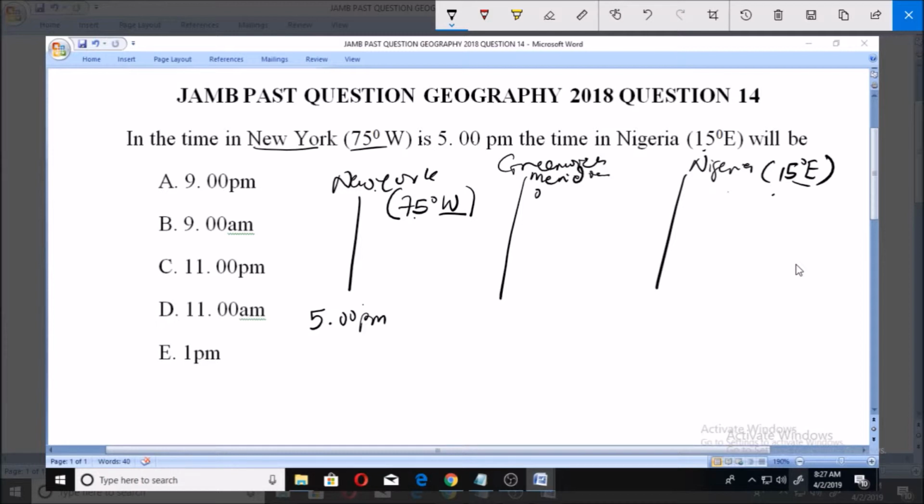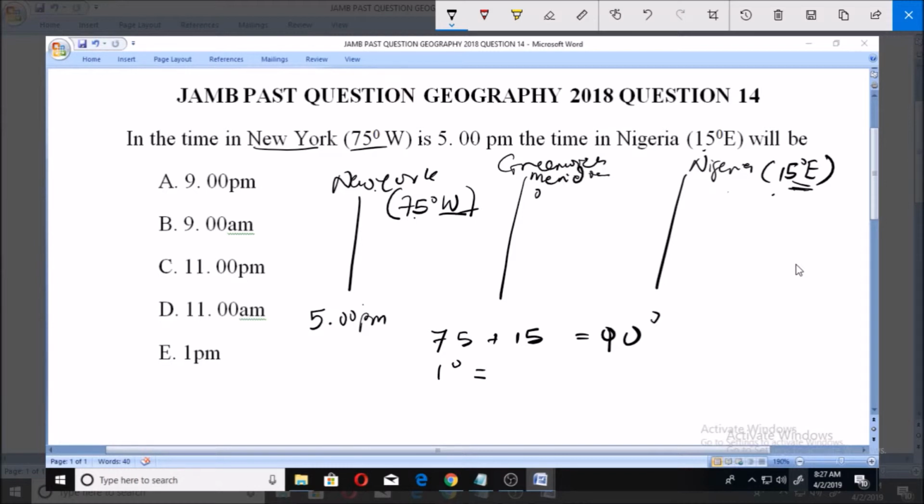This is west, this is east, and that's why we're having 90 degrees. Now we know that whenever one location is passing the other by 1 degree, it is equivalent to 4 minutes. So 15 degrees is 15 times 4, which is 60 minutes, equivalent to 1 hour. So 15 degrees is actually equivalent to 1 hour.